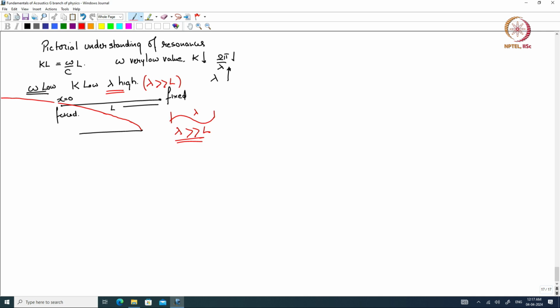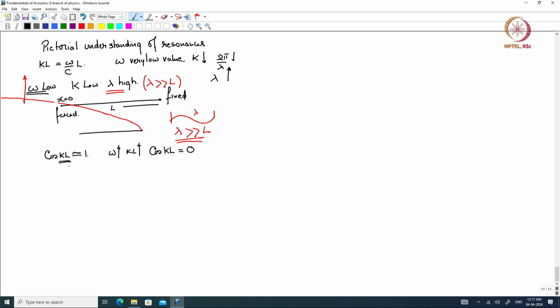Now as we raise the value of omega, okay, we come to a position where first time cos KL will be 1, approximately 1, right, when KL is very low, cos KL is approximately 1. Now somewhere as omega is increased, KL is increased, cos KL for the first time becomes 0.